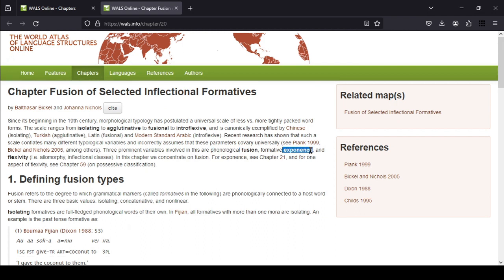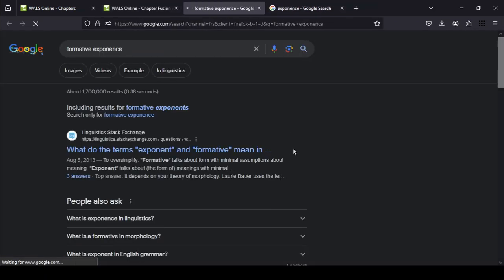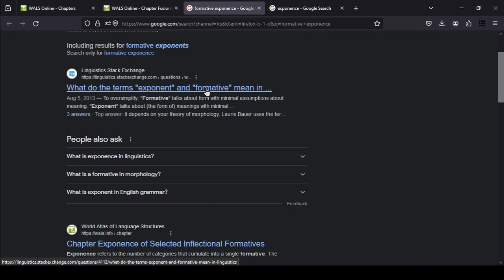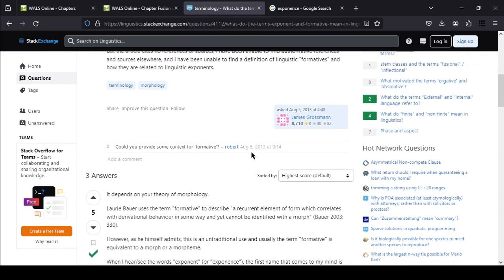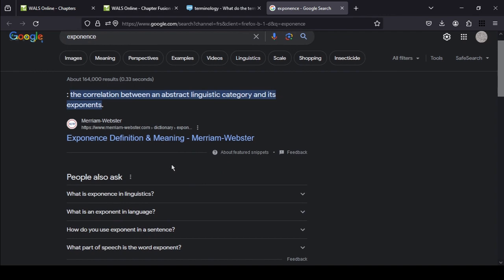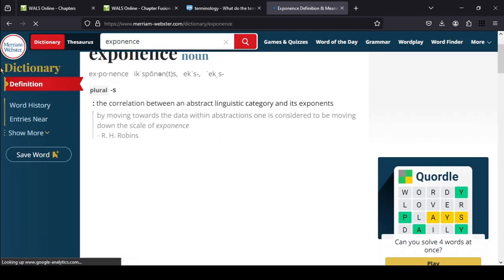Formative exponents. What is an exponent? Let's just Google it first. Exponent is described as the correlation between an abstract linguistic category and its exponent. That's not helpful. What's an exponent, bro?